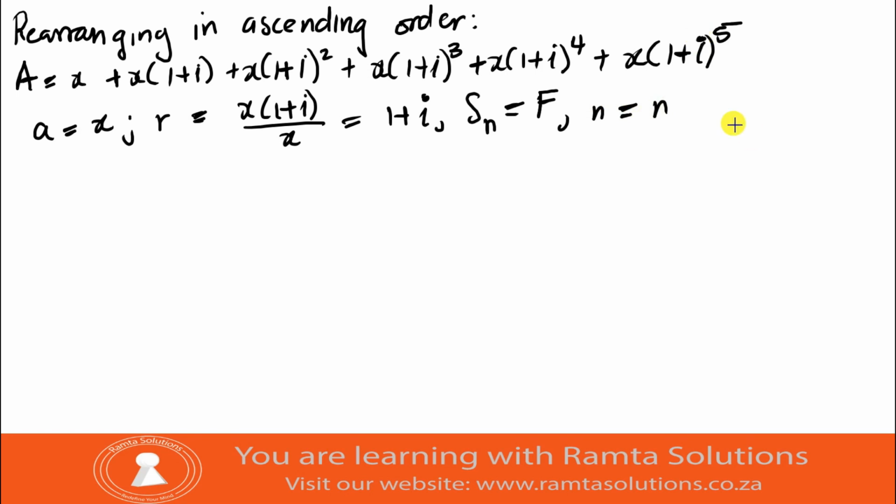I do see, however, that our n, though the investment was for 5 years, the number of installments, remember in the previous videos we said n here represents the number of installments. So as you can see, because this is a series, there are 6 terms. Look at them: 1, 2, 3, 4, 5, 6. So what is our n? Our n is basically 6, but we're going to look at it in a few minutes.